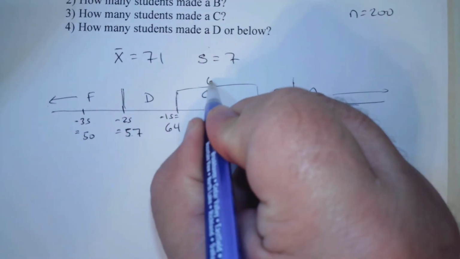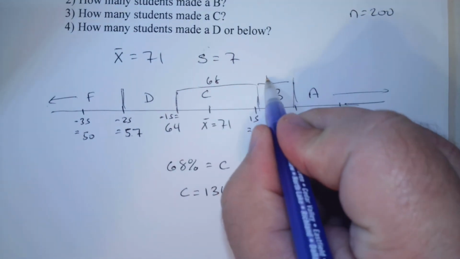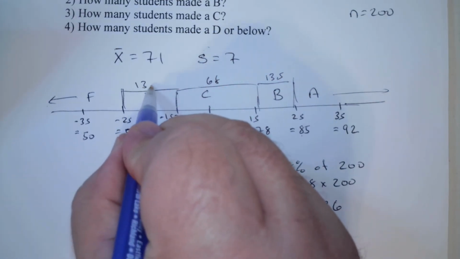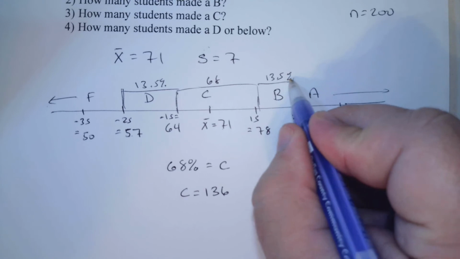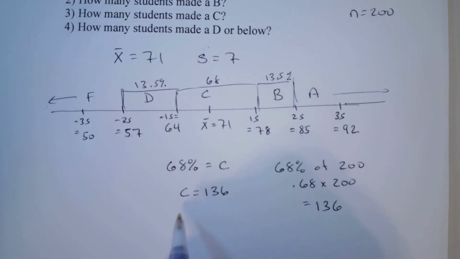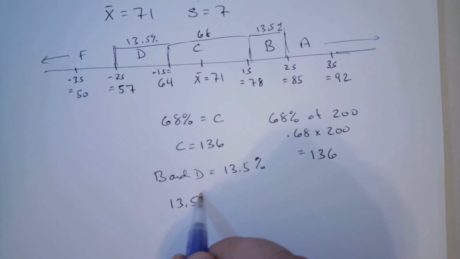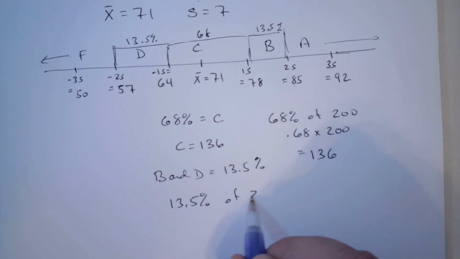This part here is 13.5. So this is 68. This is 13.5%. So B and D are both 13.5%. So 13.5% of 200.